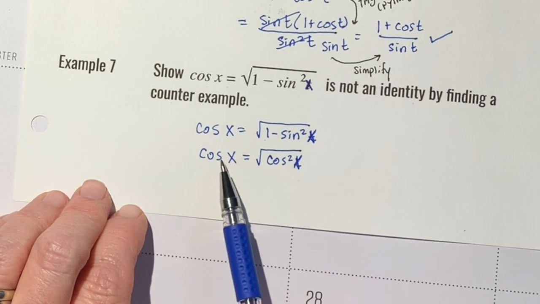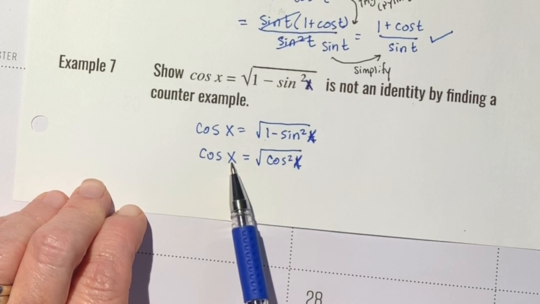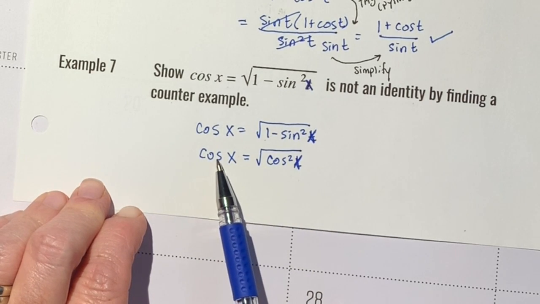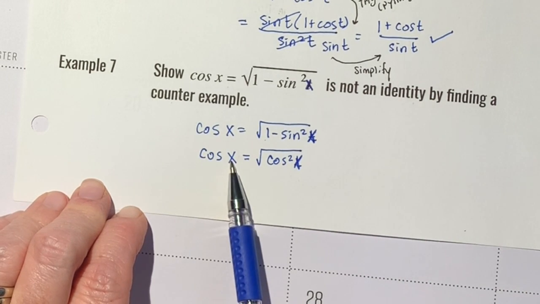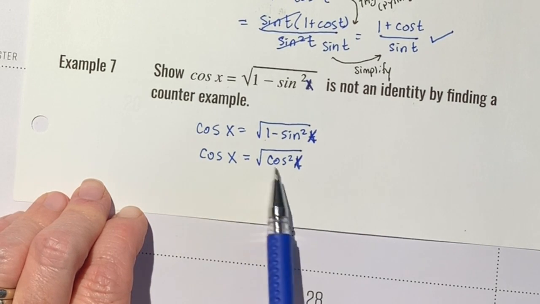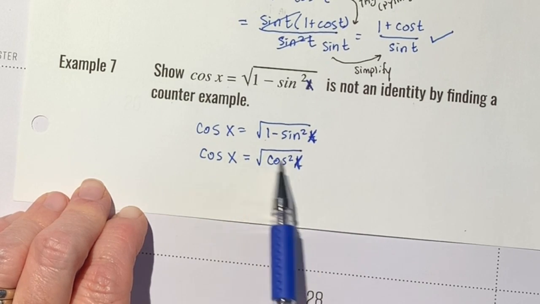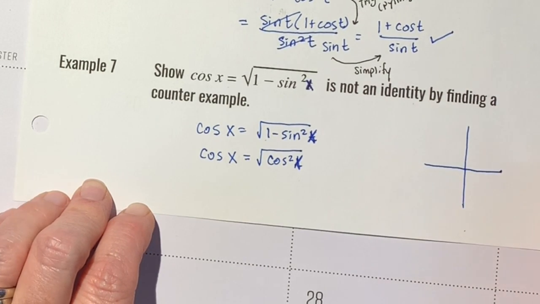And so one thing that would make this false would be if the cosine of the angle were negative, because this side's not squared. So what I need to find is an angle where cosine is negative, and that would make this false, because when you square it, it's going to be positive, and this is taking the square root. So let me think in terms of the unit circle.